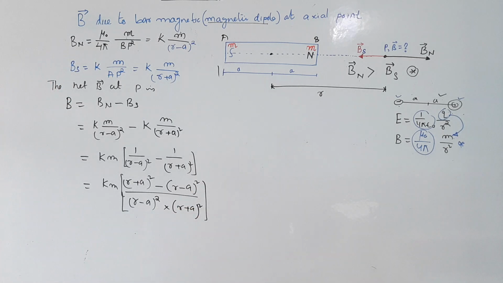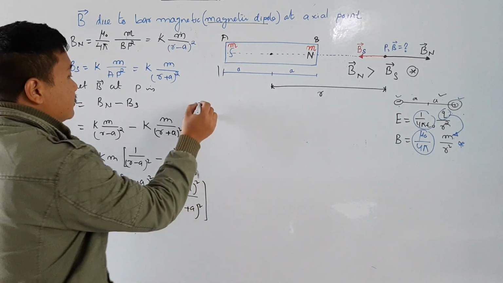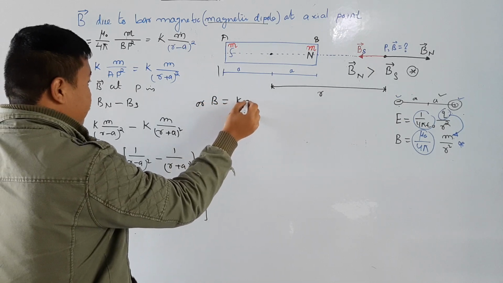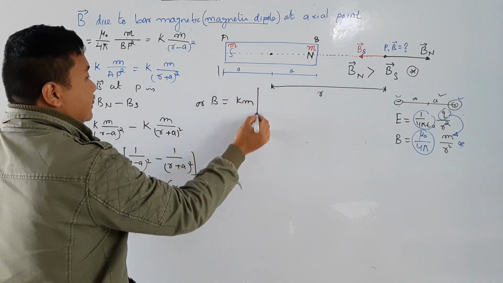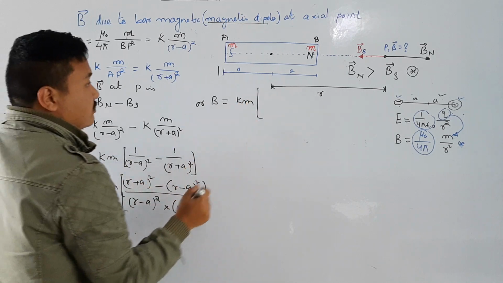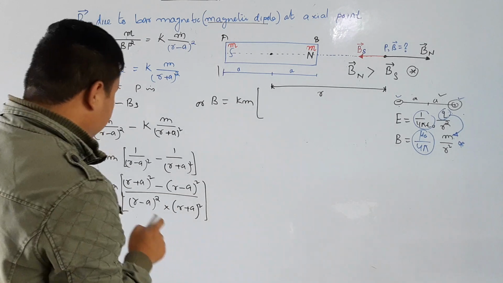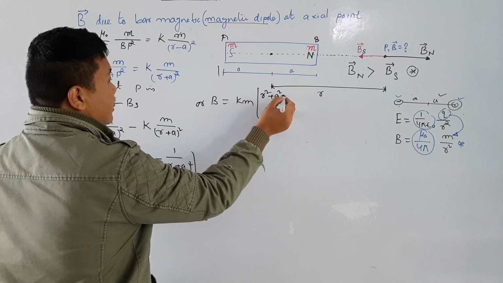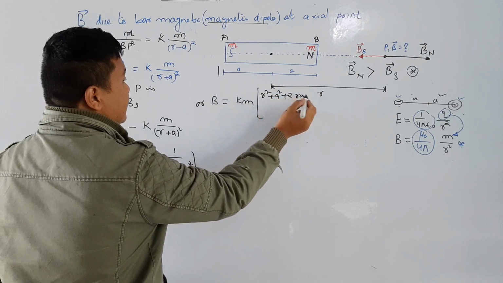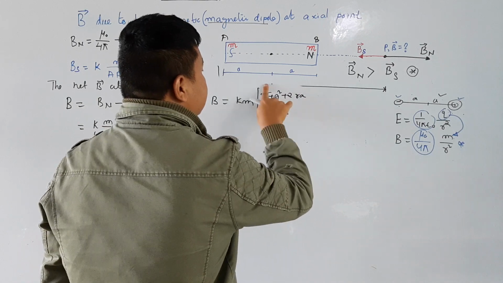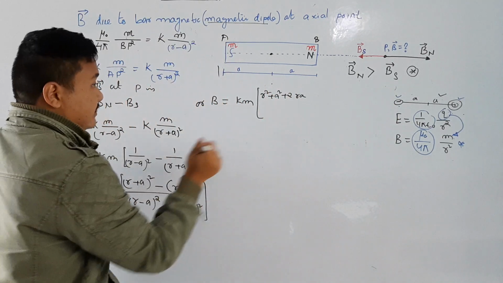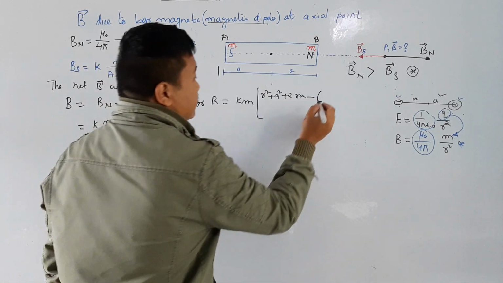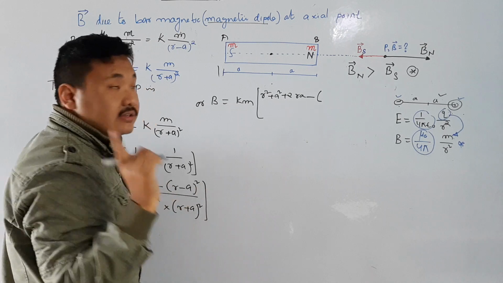So this is the solution. Now I have to solve this more. The net magnetic field is equal to km, and within the bracket, using the (a plus b) whole square formula, a square plus b square plus 2ab. So a is my r, so this will be r square plus a square plus 2ra. Then there is minus, and I will put the bracket. This is (a minus b) whole square, so a square plus b square minus 2ab.